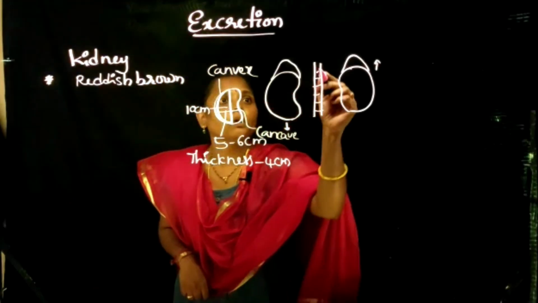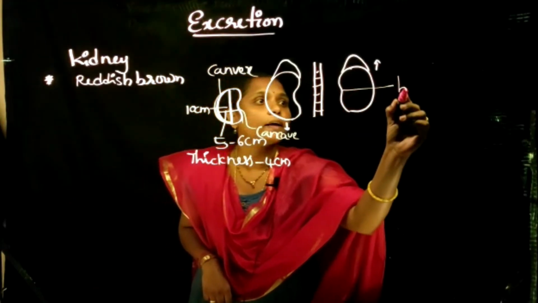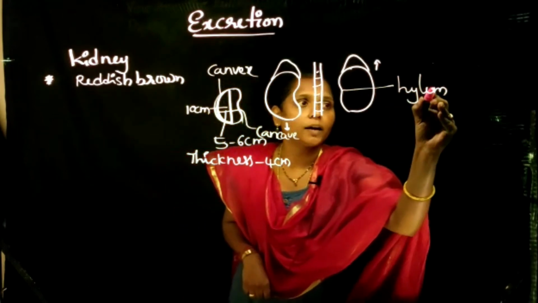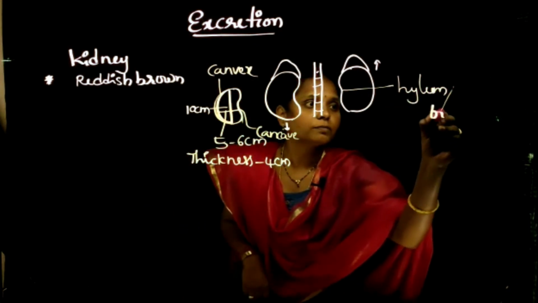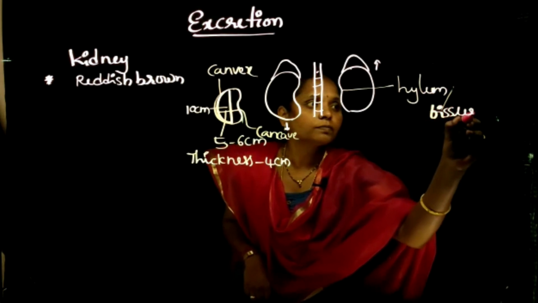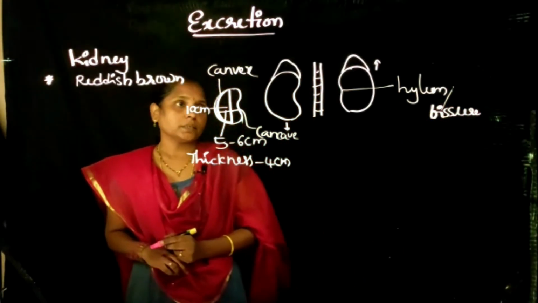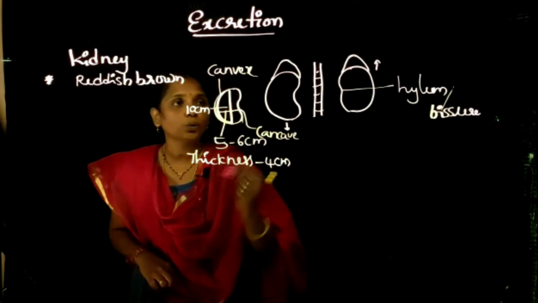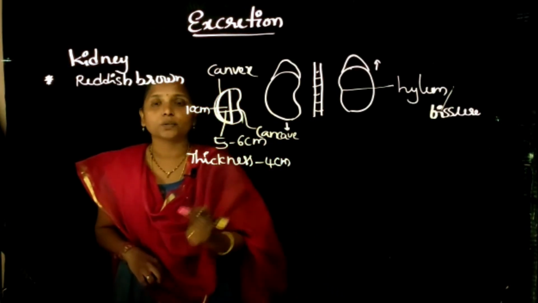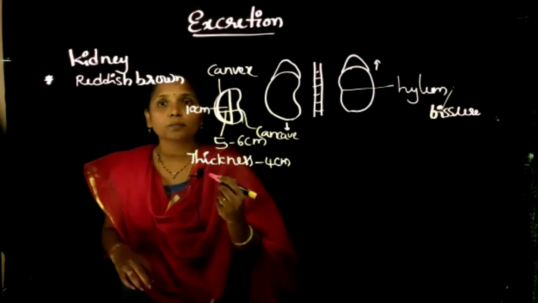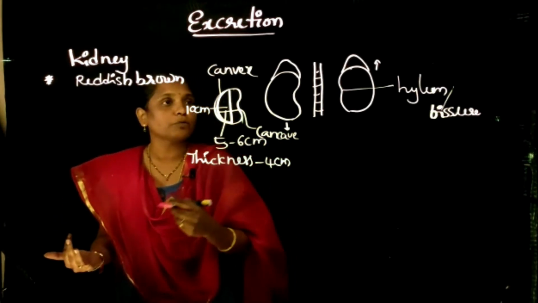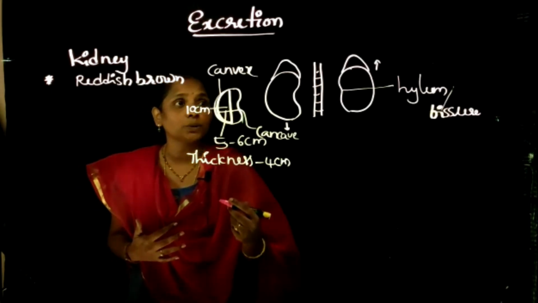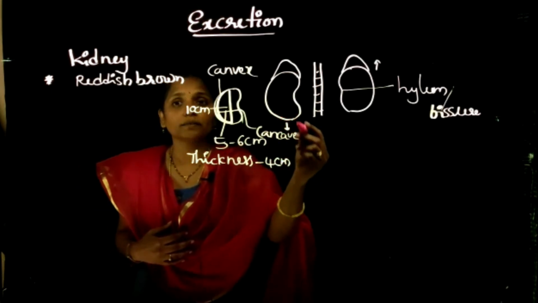This deep notch like structure is called the hilum or fissure. This is a very important region of the kidney. Why? Because through this portion some blood vessels are entering and some are exiting, and another tube like structure also exits from this side.